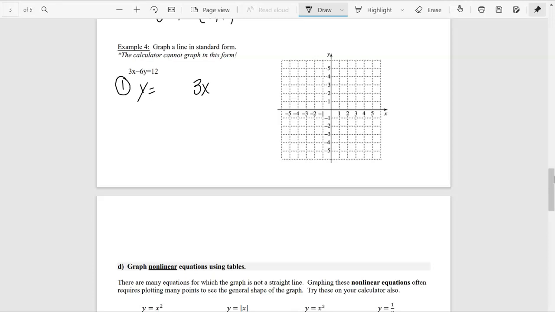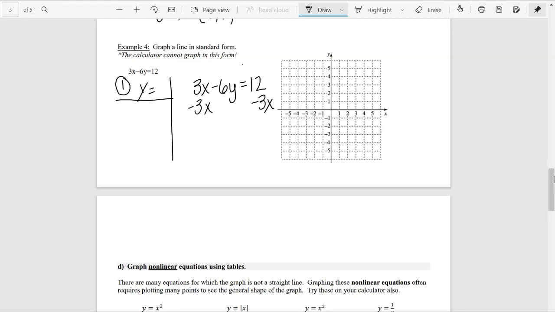In algebra, when we're trying to get it to say y equals, we've got to move things around. So I need y to be by itself. The first thing I want to do is get this 3x to move to the other side of the equal sign. Since it's a positive 3x, I'm going to subtract 3x.